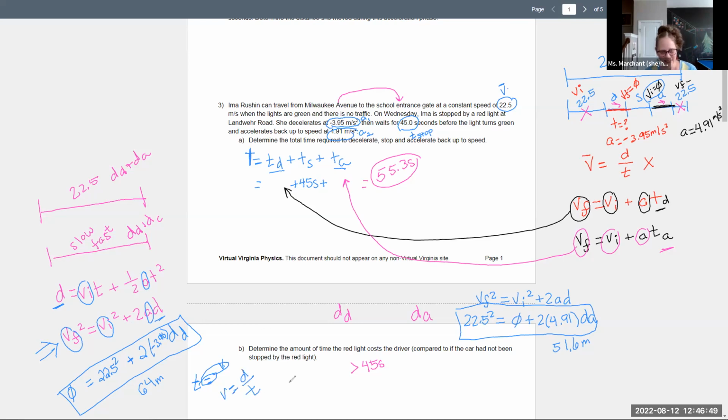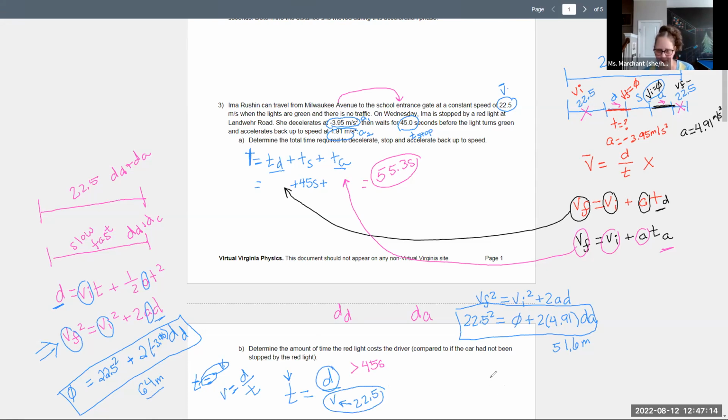So if I rewrite that, time equals distance over velocity. So I want to find the time that that distance would take at a velocity of 22.5. Okay. So I have the distance, 64 for the one, and 22.5, and I'd find the time here.